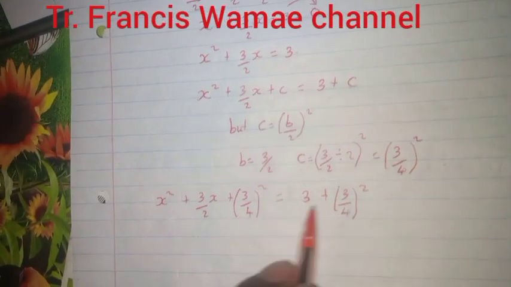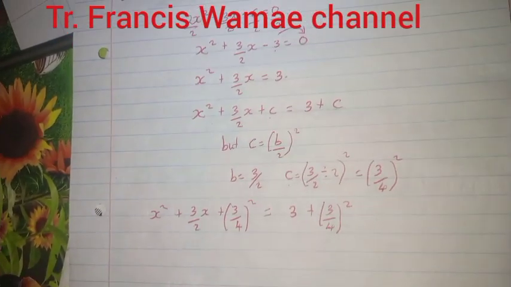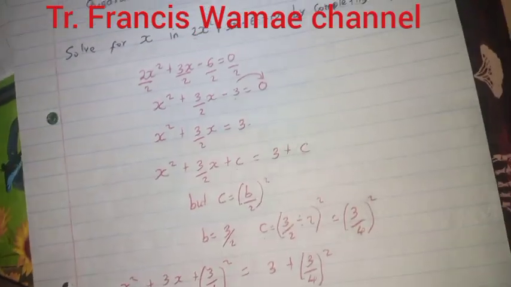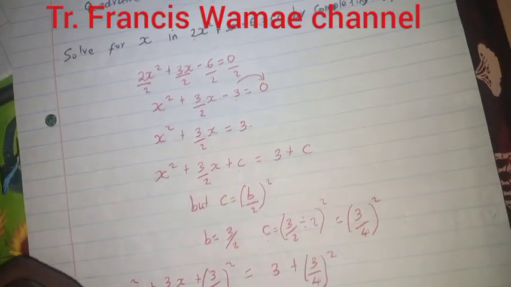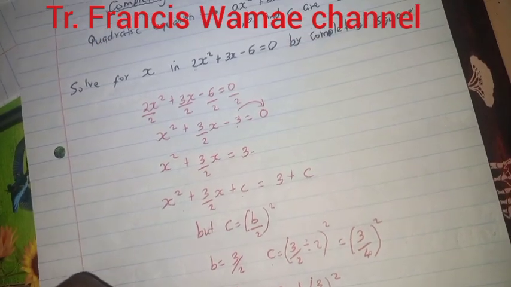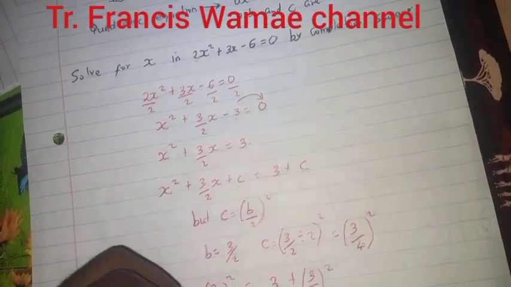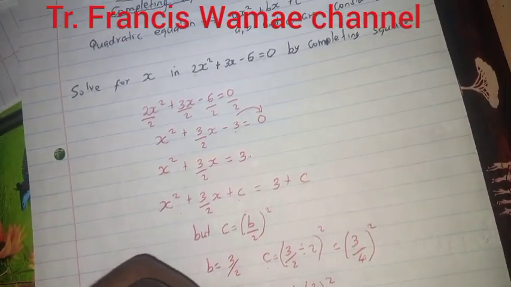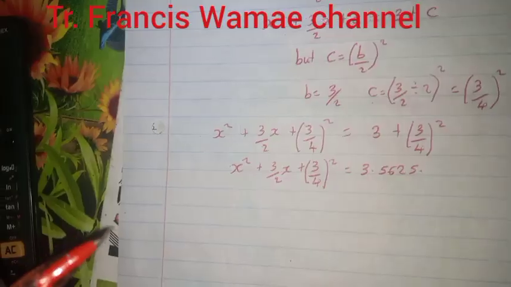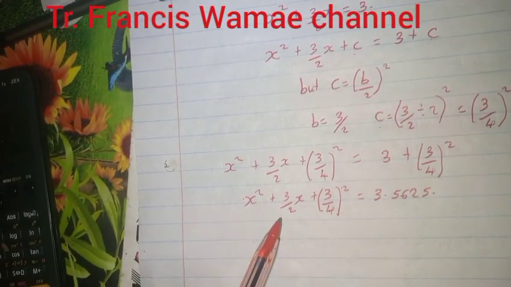Now, we can just complete this side, and if you complete this side, we're going to have x squared plus 3 over 2x plus 3 over 4 squared is equal to 3.5625.